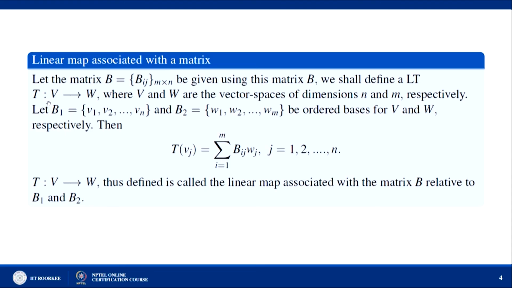So, you see, we have T from V to W, and a matrix B, which is Bij of order m cross n, is known to you.